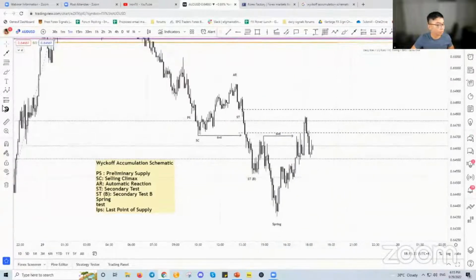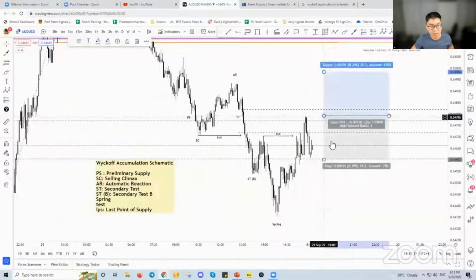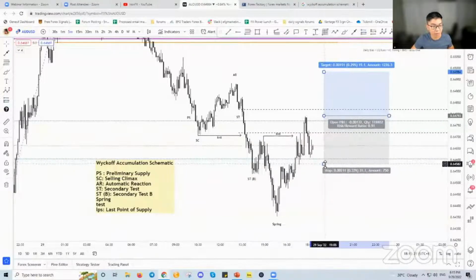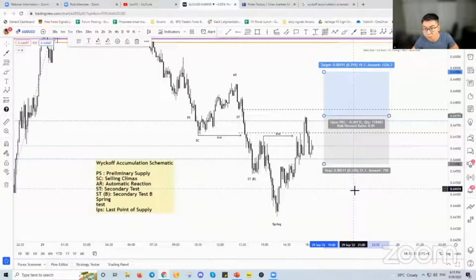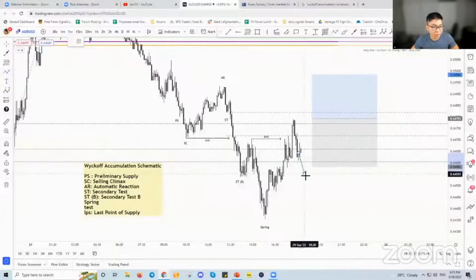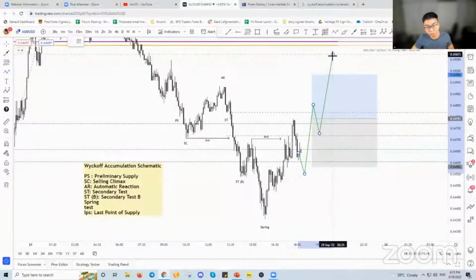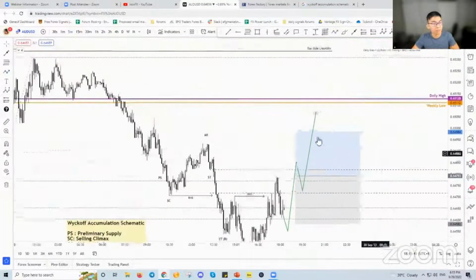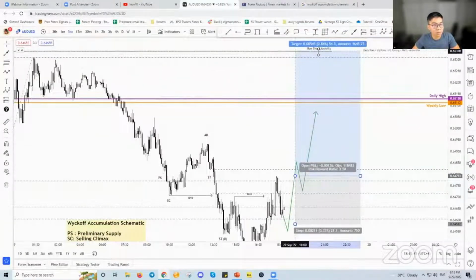I'm looking for price to continue. If it breaks up, I can potentially look for an entry with my stop loss below the test. So it's possible price comes down, goes up, and then my entry will be here, and then I'm looking for price to potentially continue to the upside.